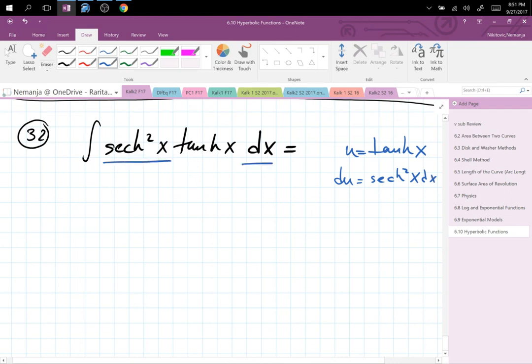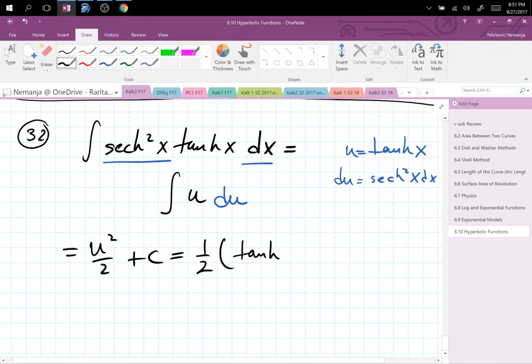So this and this is du, and then the rest is just u. So it's u squared over 2 plus c, which is 1/2 tangent hyperbolic x squared, or you can put the square here, so you don't have to deal with parentheses, plus c.